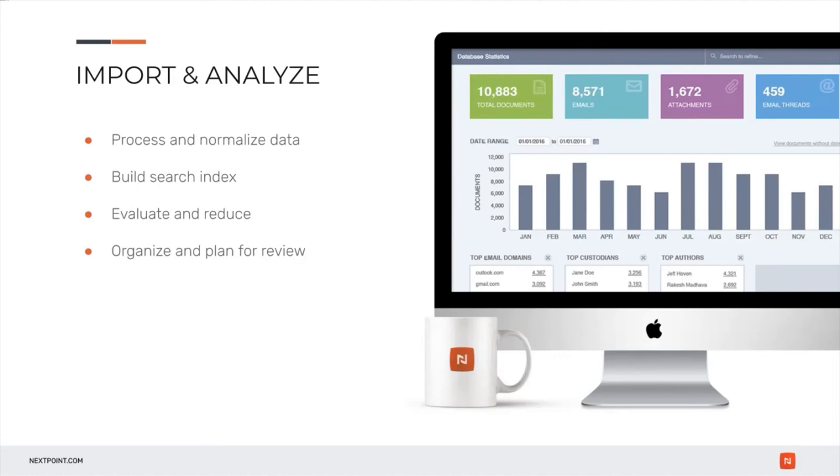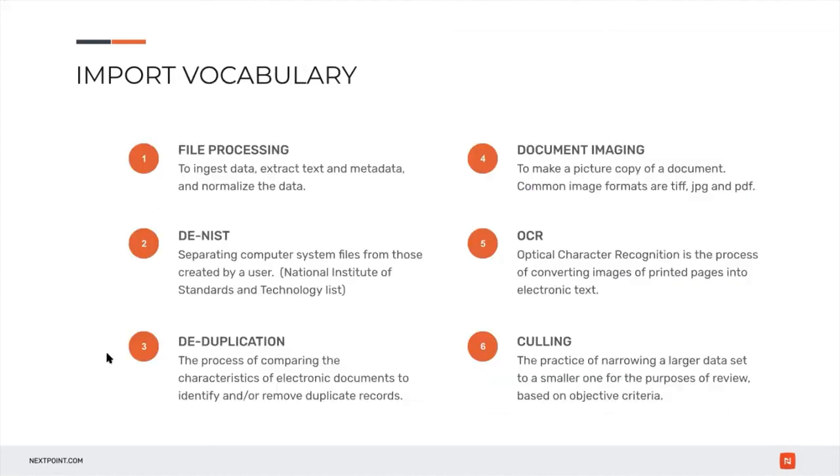What I really want to focus on here is going to be some more vocabulary as it pertains to importing this time. So first we have file processing. When we keep saying importing, what it actually means when a document is imported is that it's ingesting the data.